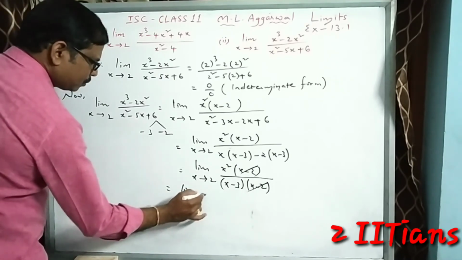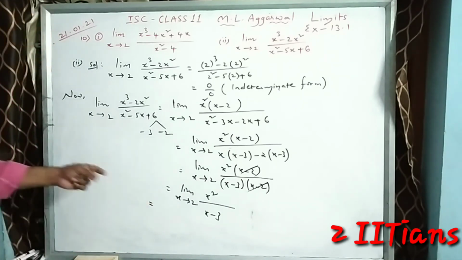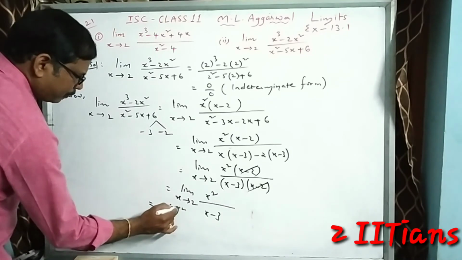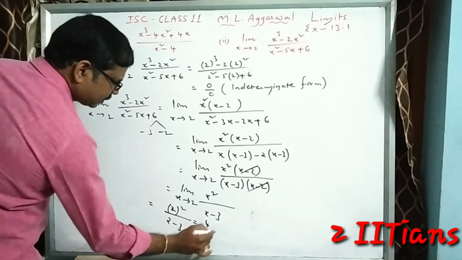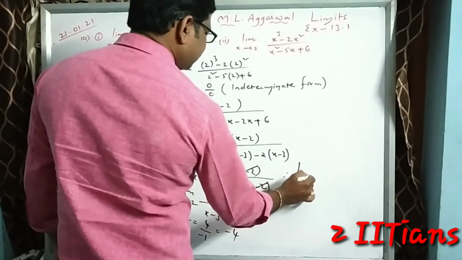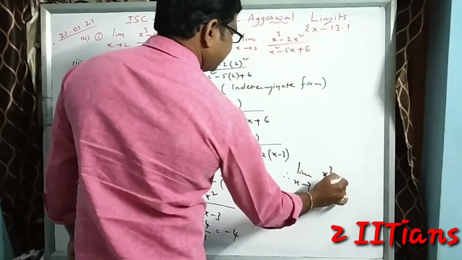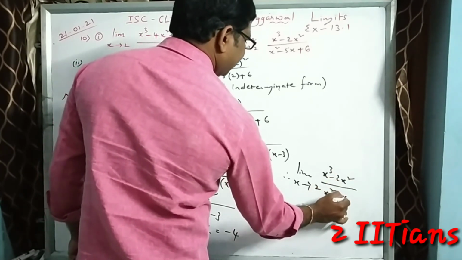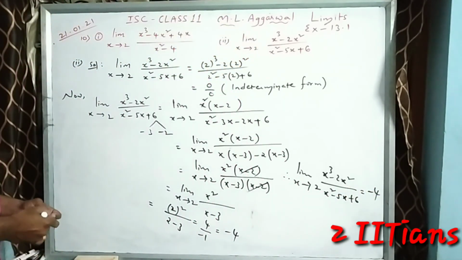Limit x tends to 2, x square upon x minus 3. Now we can put the value of limit. In the place of x keep 2, 2 square upon 2 minus 3. 4 upon minus 1 means minus 4. Therefore, what is my answer here? Limit x tends to 2, x cube minus 2x square upon x square minus 5x plus 6 equal to minus 4. That is the final answer.